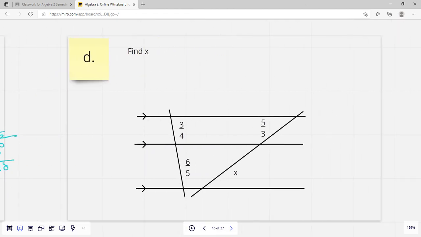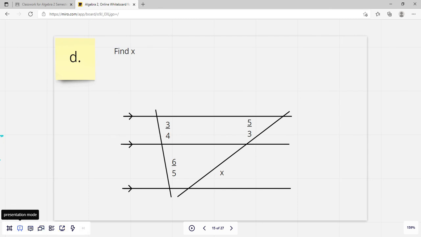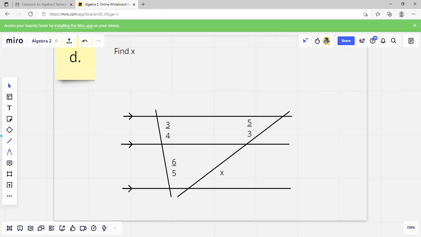All right, one more. This one is a scale factor one, and we have to try to find X. All right, so this times our scale factor equals that one. Okay, so we're going to say 3 over 4 times our scale factor equals 5 over 3.